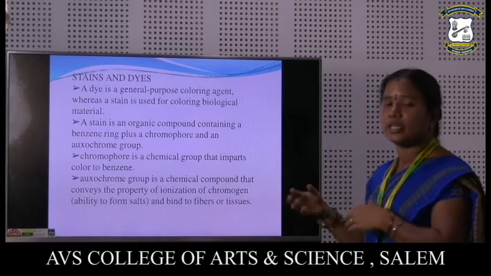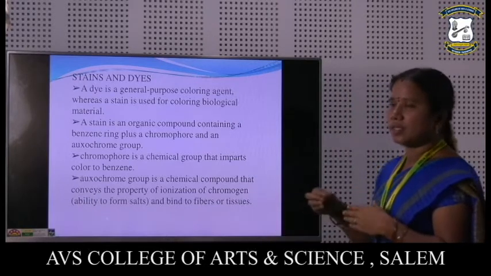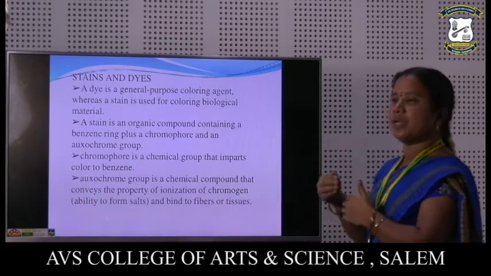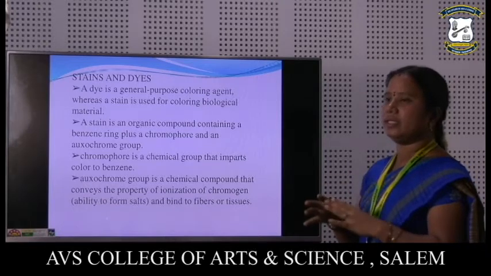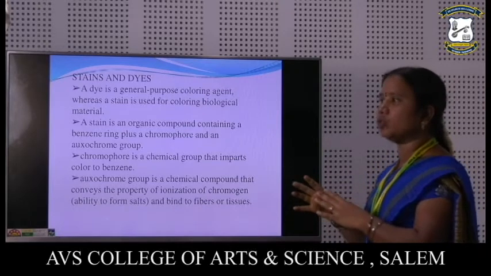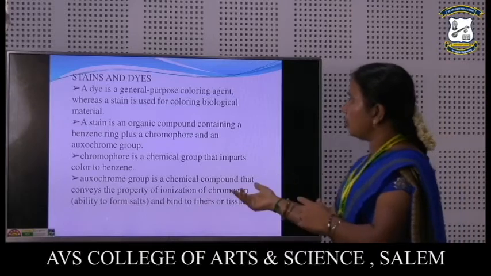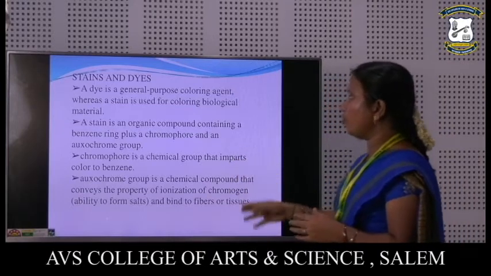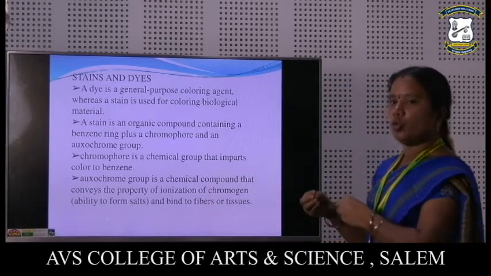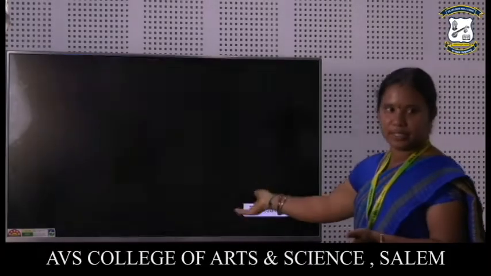It will ionize the chromogen molecule. So these are the three things present in the structure of a dye, and these three things compose a dye. The chromophore and the auxochrome are the two important things present in the dye.